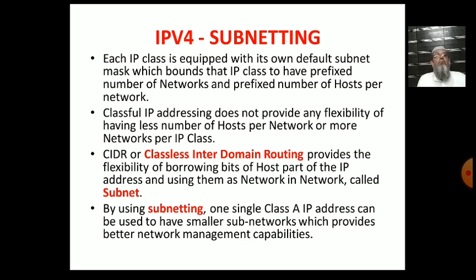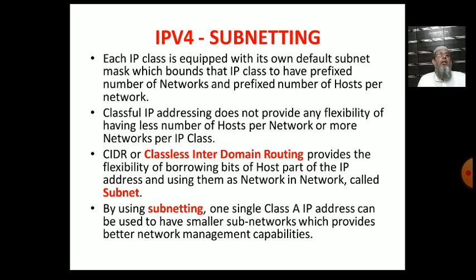So there is a term, classless inter-domain routing. It provides the flexibility of borrowing bits from the host part of the IP address and using them as network bits. So we borrow some bits, 1, 2, 3, depending on the requirement, depending on the situation.